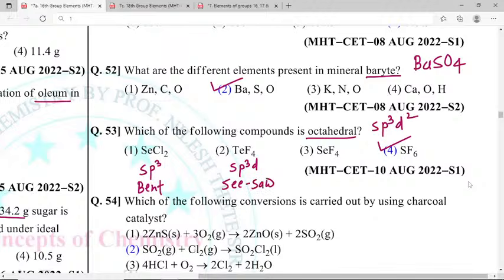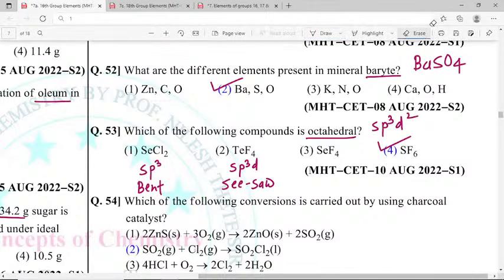This is SeF4, which is T shape, again sp3d.